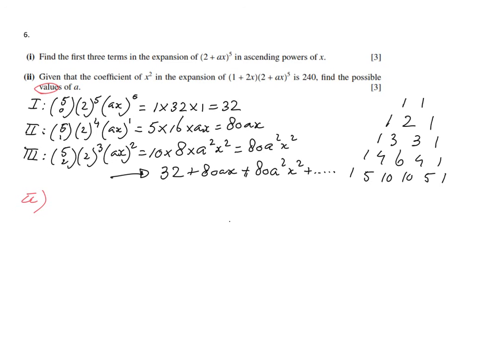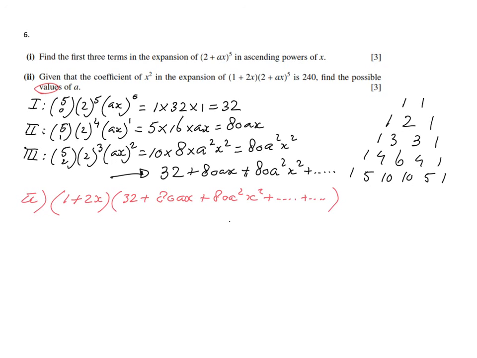So I'm going to rewrite this like you do every time. Instead of (2 + ax)^5, the first part stays the same, and I'm going to write that expansion of part I: 32 plus 80ax plus 80a squared x squared plus, I'm just going to put those dots there again.